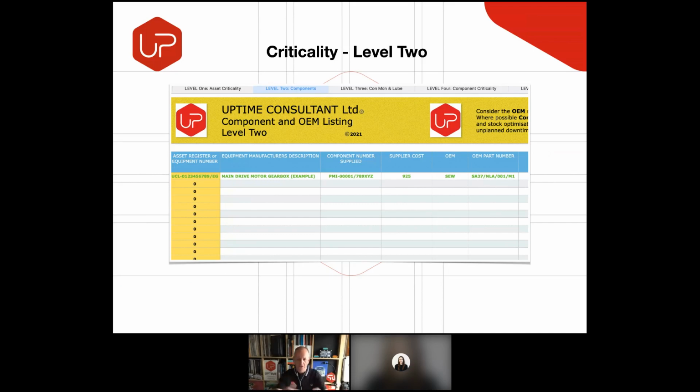All of these things will flow into this sheet, and this is where you need to know from your OEM what their costs are. So the supplier costs. You have to know what that gearbox will cost from that supplier, because you may be able to go and put it against your own existing component supplier.